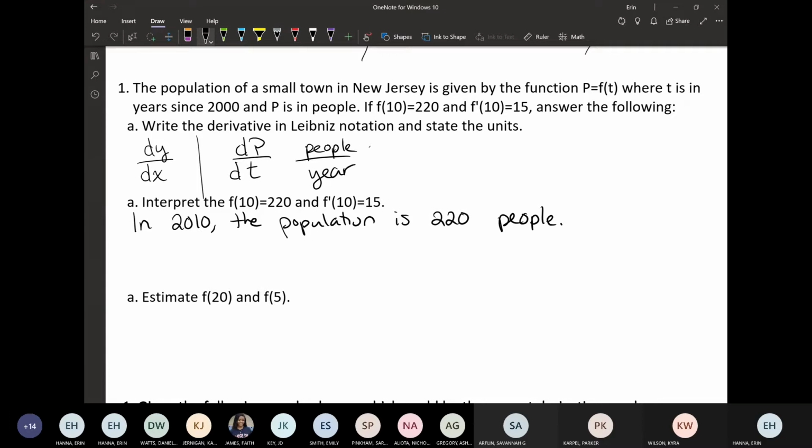And then for our derivative, we kind of have those two options. I find most people usually do the right way, so I'm just going to write that one down. I'm going to say after 2010, sure, with the other thing there, we already were kind of specified, but I'll just be extra nice about it and put it in there as well. So after 2010, the population is increasing by 15 people per year.